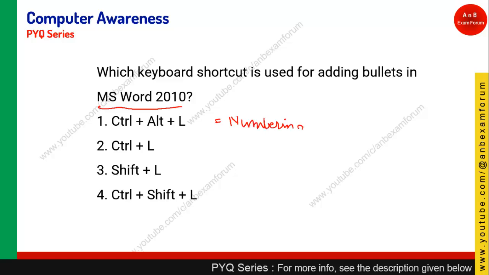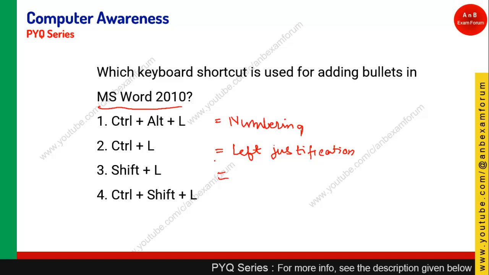In the theory portion we have seen all such kinds of shortcuts, you can watch it. Coming to Control L, this is for justification, left justification. Coming to Shift L, as you know, Shift is generally pressed to make a toggle case.